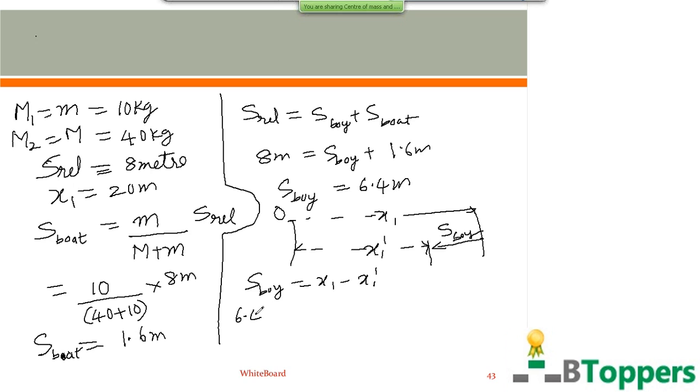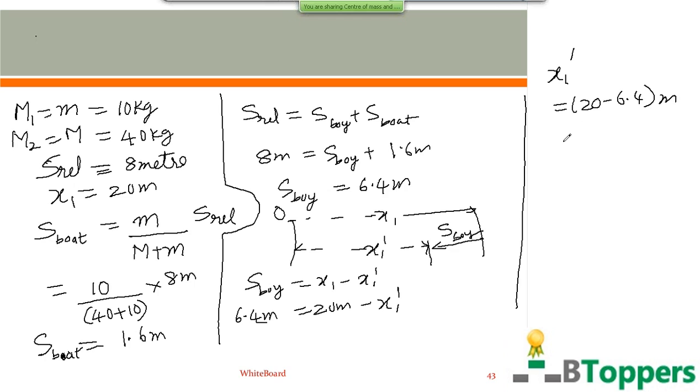That is, 6.4 meters equals 20 meters minus x1 dash. So x1 dash, the new distance of the boy from the shore, is 20 minus 6.4 meters, which comes out to 13.6 meters. This is the answer. If you want to copy down the solution of the problem, you can take a pause and copy it down.